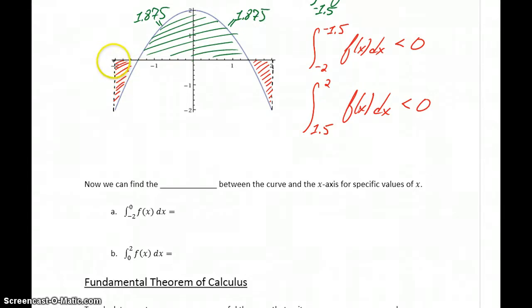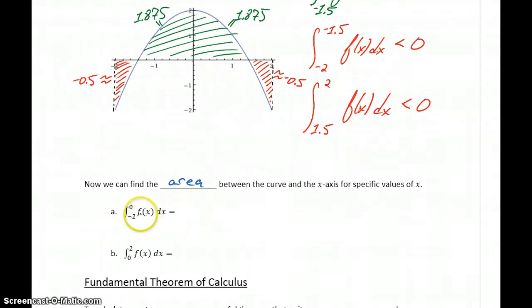This shaded red region from negative 2 to negative 1.5, that area is approximately negative 0.5. And the same thing on the other end. So now knowing what the areas are for those specific regions, we can look at actually calculating the exact area between the curve and the x-axis for some specific given values.